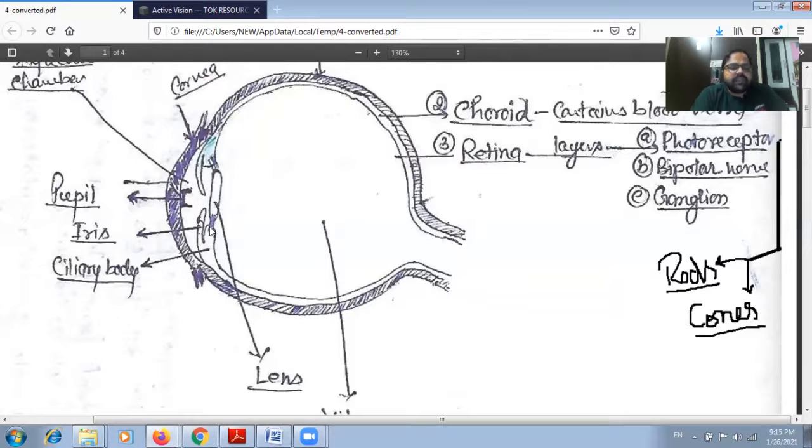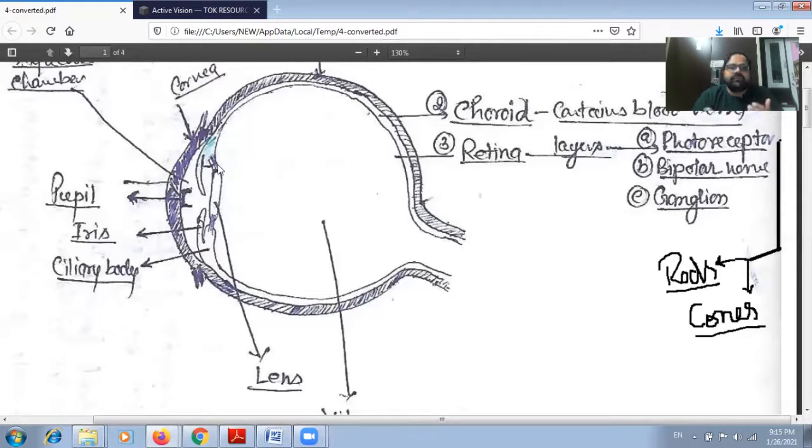And the ciliary ligament is also made up of the choroid layer, and this ciliary body or ciliary ligament holds the lens, and it changes the curvature of the lens.